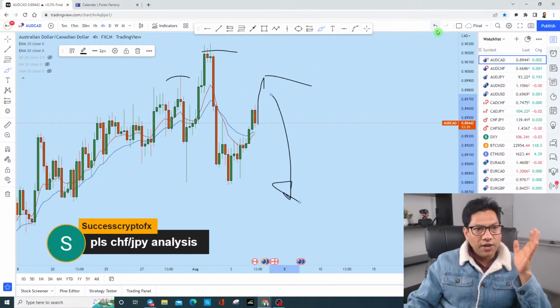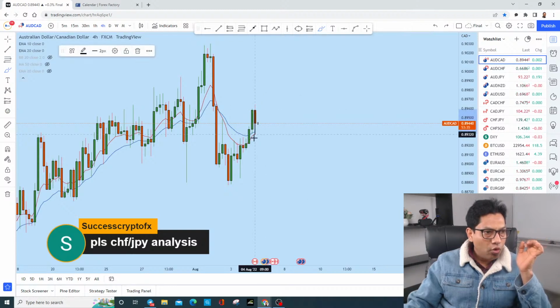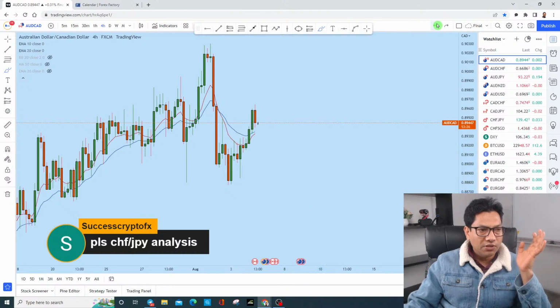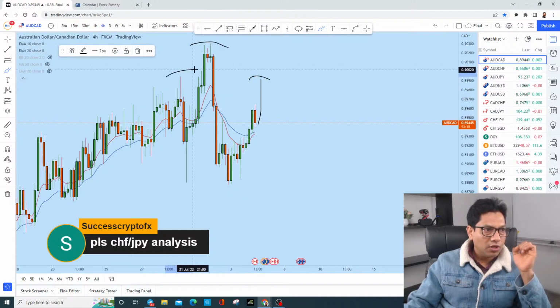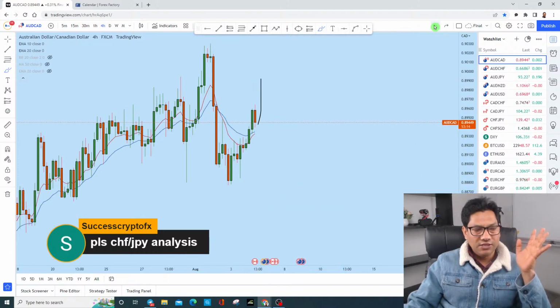Depending on how this candle closes, if we see a full bearish engulfer closing as a long red body candle, the next one might follow. But if it doesn't close as a bearish engulfer, we might see another long wick candle completing this head and shoulders and drop. So finally AUD-CAD is a sell.